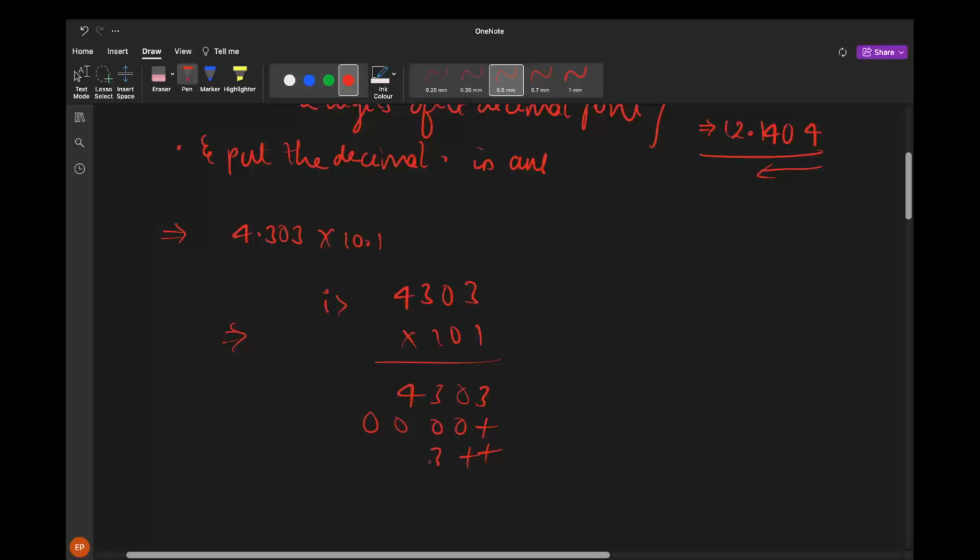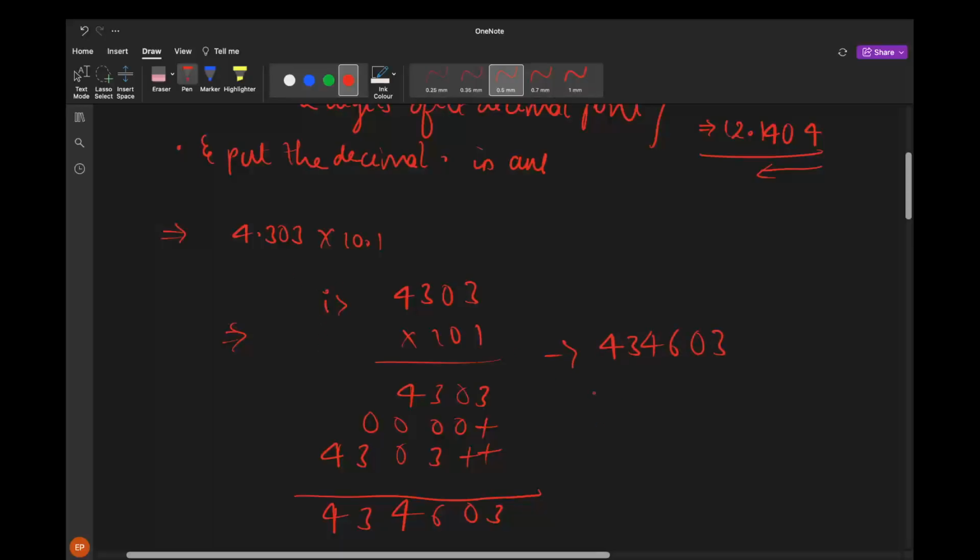Again 1: 1 3 is 3, 1 0 is 0, 1 3 is 3, 1 4 is 4. What will we get? 3, 0 plus 0 0, 3 plus 3 6, 4 plus 0 plus 0 4, 0 plus 3 3, 4. How much are we getting? 4 3 4 0 6 0 3.